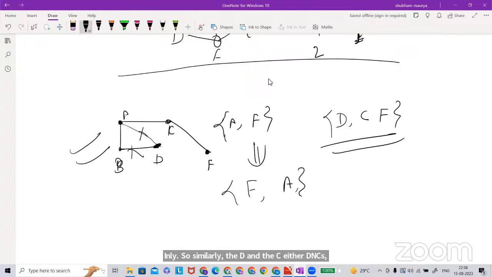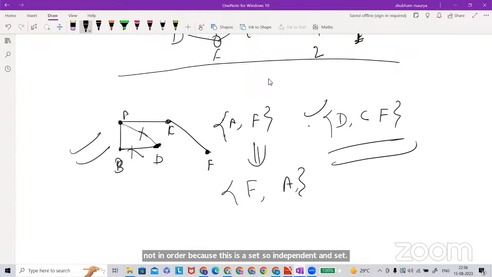It is not in order because this is a set, so any order is possible. So the maximum independent set for this graph is this one: only D and C will be there in the independent set.